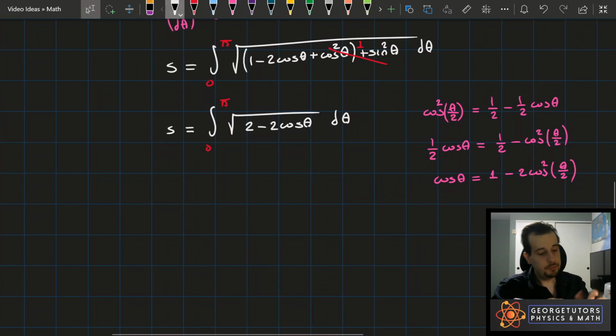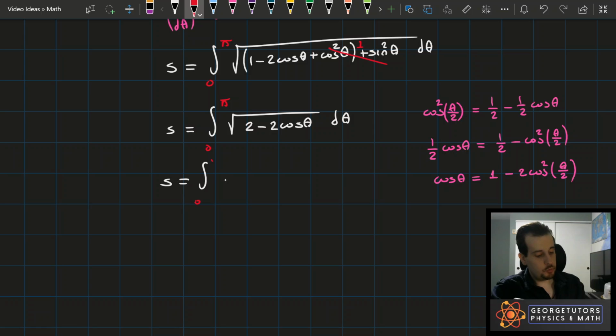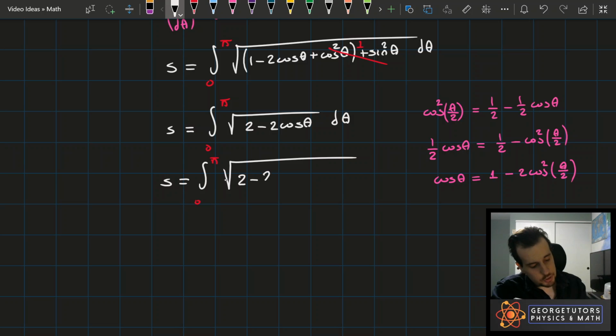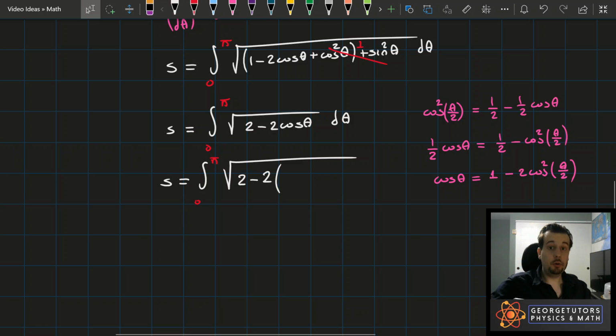And so I take this and I will plug it in here. That's my next move. So we have remaining the integral from 0 to pi. Alrighty, from here, the square root of 2 minus 2, and then we'll plug in our result from the trig identity, nicely and conveniently, right in there.